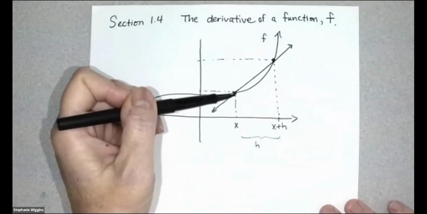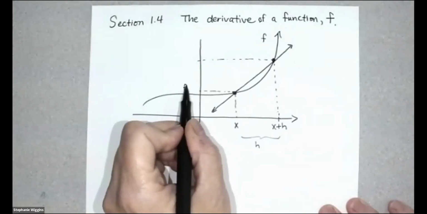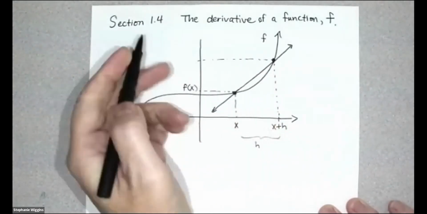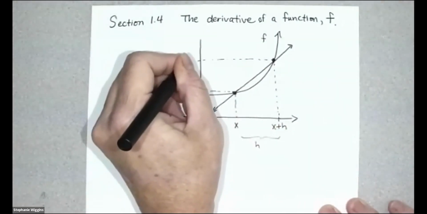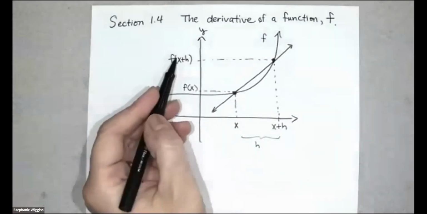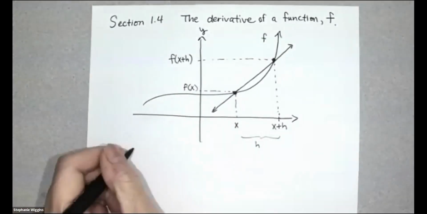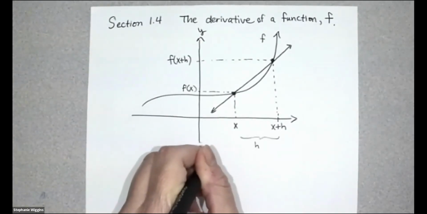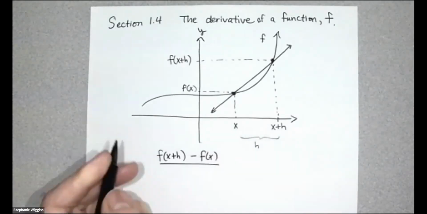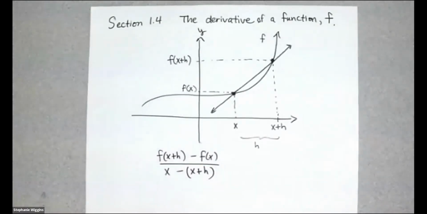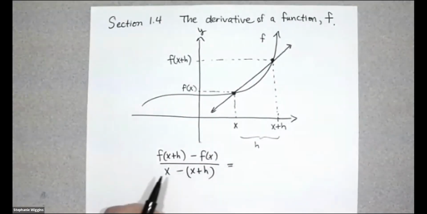If we plug X into our function f, the output is going to be f of X. And if we plug in X plus H, this height will be f of X plus H. So the slope is the difference quotient. We take the difference between the y values divided by the difference between the x values. This gives us the difference quotient.